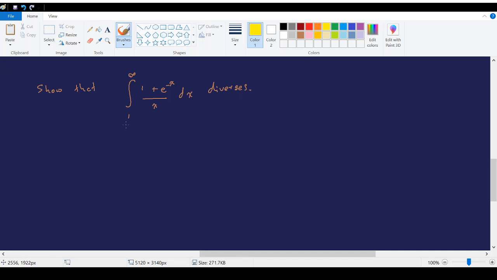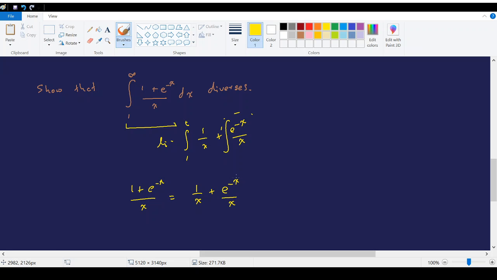Otherwise, if you are going for the fundamental approach, then we will need the limit of the integral from 1 to t of 1 over x plus e to the power negative x over x, and to find the integral of this one is difficult. But simply what we can do is see that you have this relationship. You can write this as 1 over x plus e to the power negative x over x.